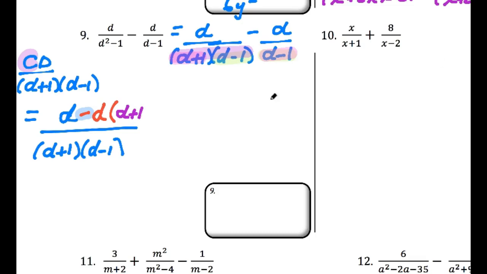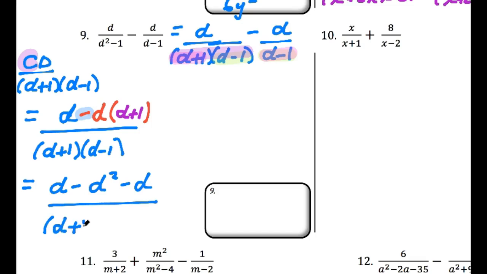Okay? We're going to go ahead now and multiply that out. We're going to distribute. So you have d minus d squared minus d, all divided by d plus 1 times d minus 1.